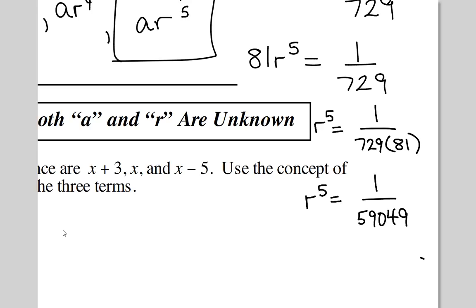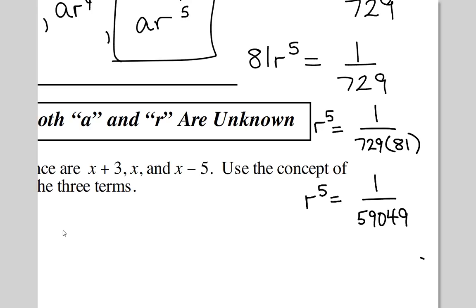So you actually have to type in the root first, and then you hit this X root radical, and then you can type in 1 over 59049. So it's the fifth root. You have to hit 5 first, and then math, find it, and then you can type in 1 divided by 59049.